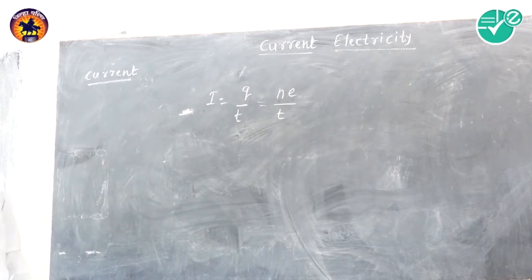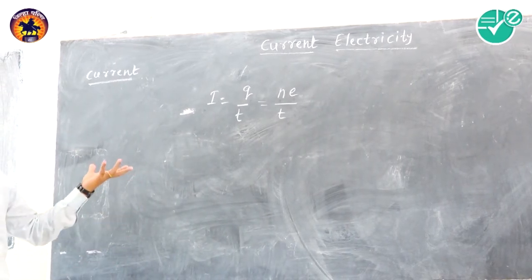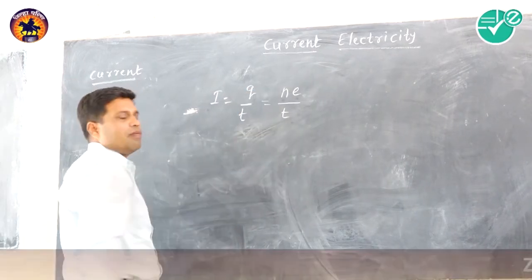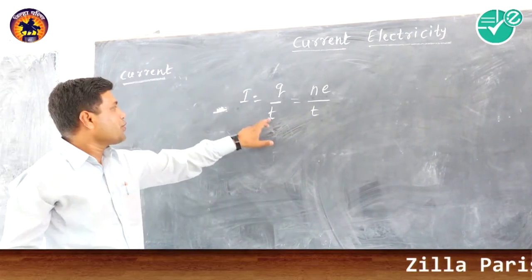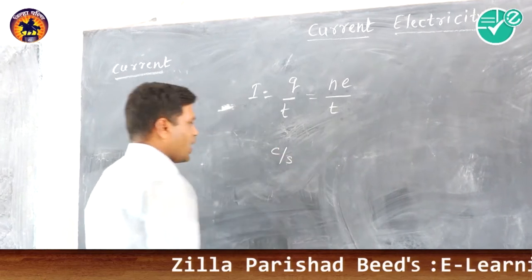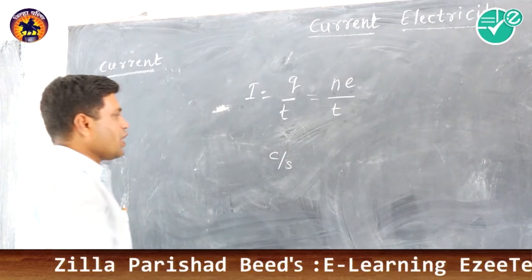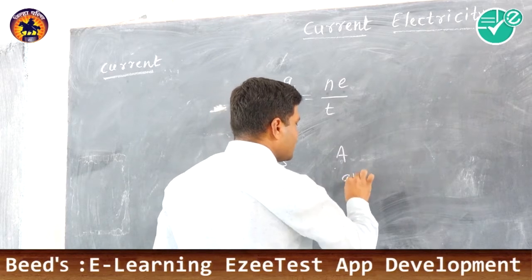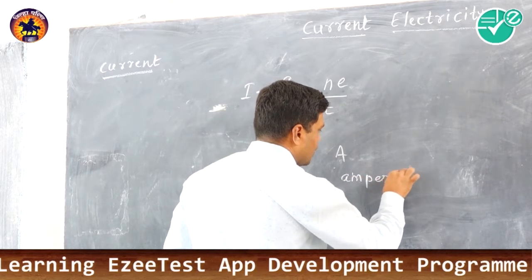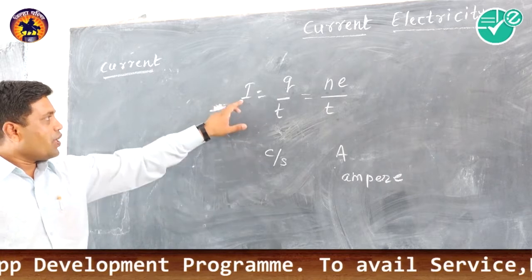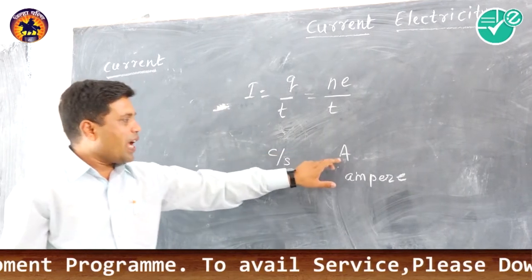From this formula, we can easily find the unit of current. We know charges are measured in coulomb and time is measured in second. So the unit of electric current is called coulomb per second, or ampere, A. The SI unit of electric current is coulomb per second or ampere.